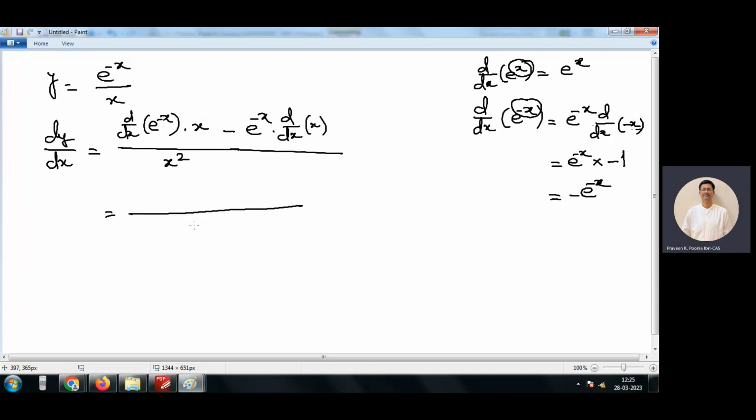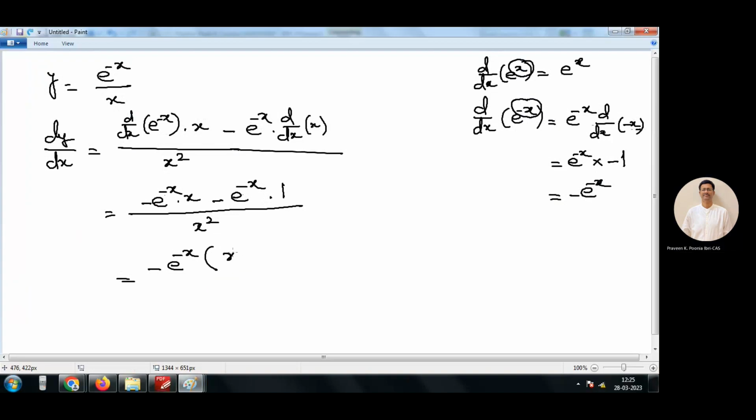Please remember all such things. Minus e power minus x into x minus e power minus x, and the derivative of x is 1. You can take e power minus x out, so it will be x plus 1 upon x power 2.